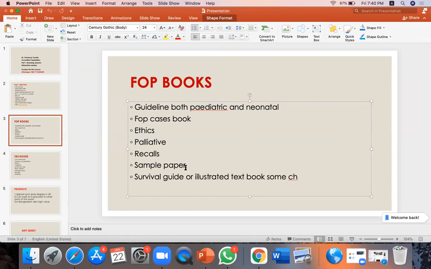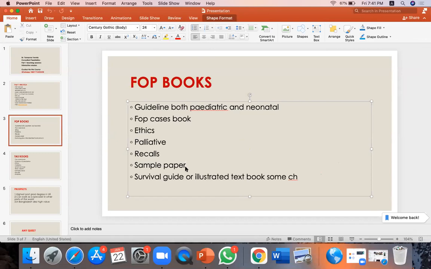Okay, now the survival guide or illustrated textbook. For FOP, as FOP is a clinical exam, I all the time say that FOP is a clinical exam, TAS is a basic exam. So you should read a clinical book. The guidelines and FOP cases book are clinical books, but you should know a little theory before the clinical, like from the survival guide and the illustrated textbook.